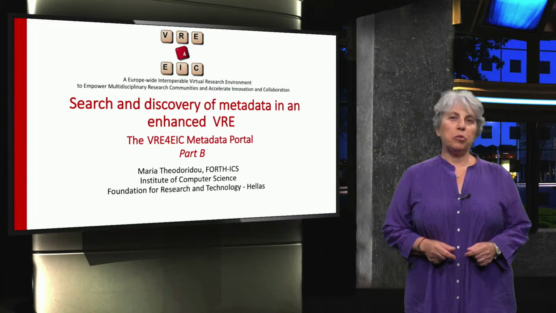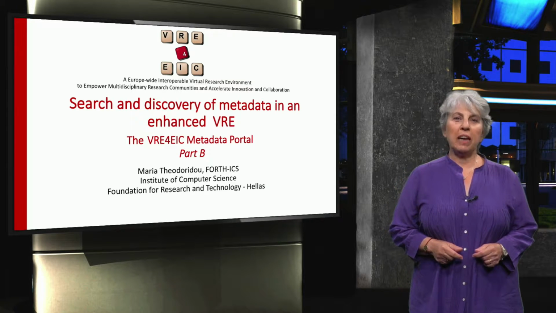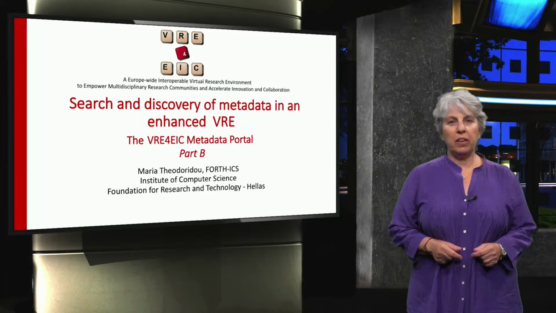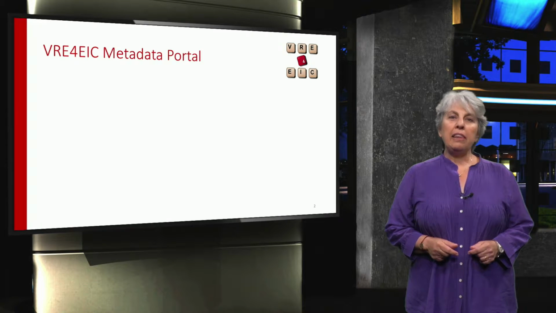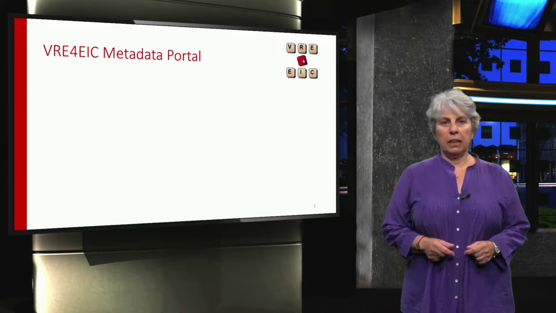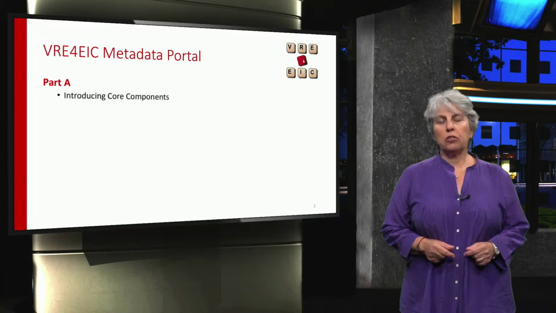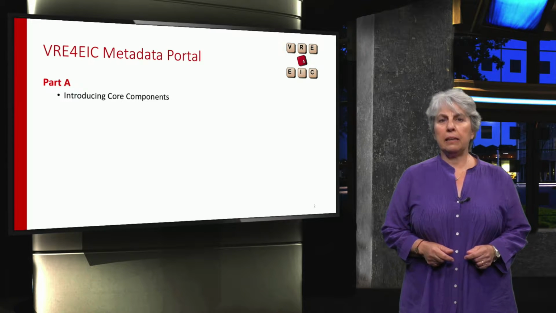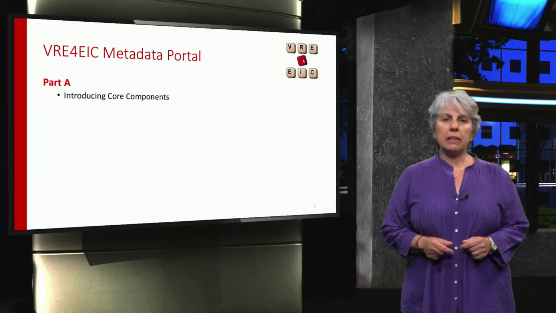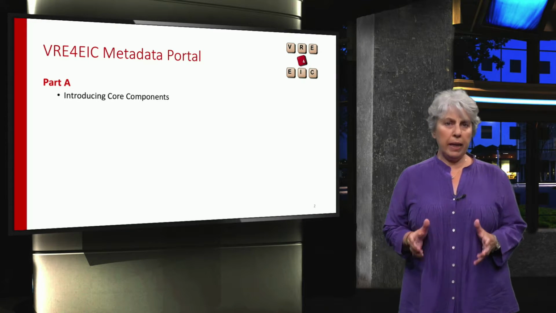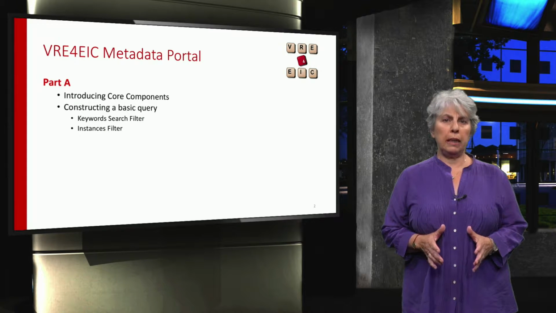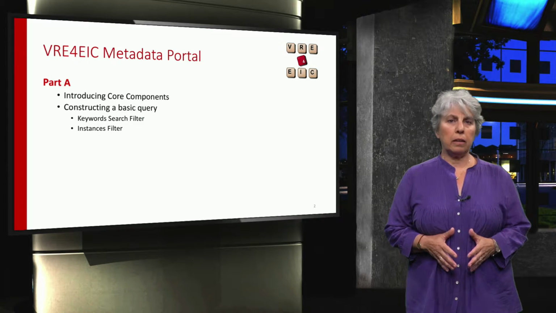Welcome back to the tutorial on the search and discovery capabilities provided by the VRE for EIC metadata portal. In the first part of this tutorial, we focused on introducing the core components of the VRE for EIC metadata portal, along with describing how the portal can be used for constructing a basic query with keywords and instances used as filters.